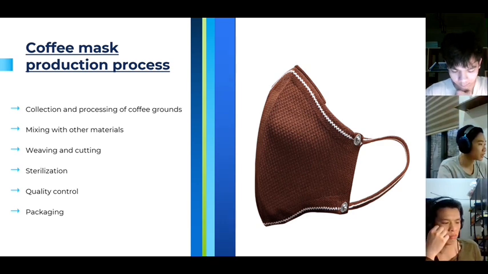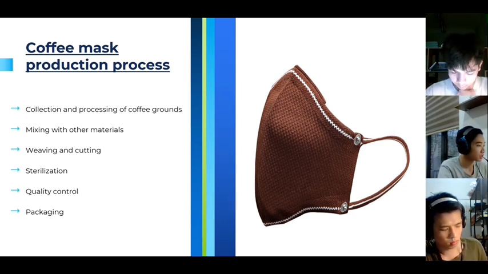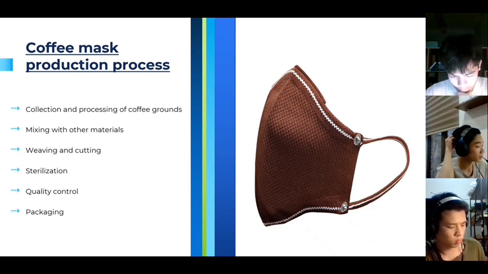Third step is weaving and cutting. The fabric is woven and cut into the shape of a mask, with two ear loops attached to the sides. The fourth step is sterilization. The masks are sterilized using a high temperature process to ensure they are free from any bacteria or viruses.